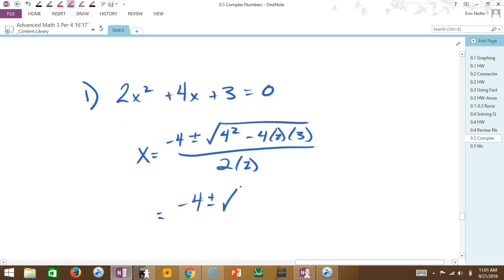So 4 squared is 16. 4 times 2 is 8. 8 times 3 is 24. So we get minus 24. All divided by the 4. So on the inside, what's 16 minus 24? -8. So I get a square root of -8.